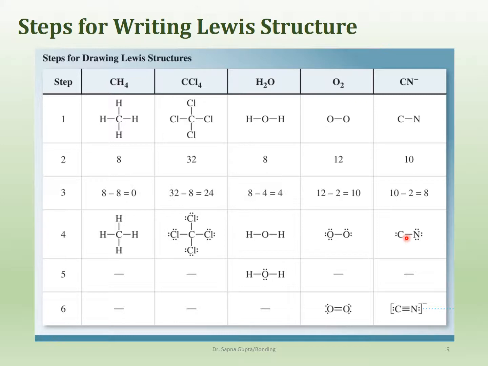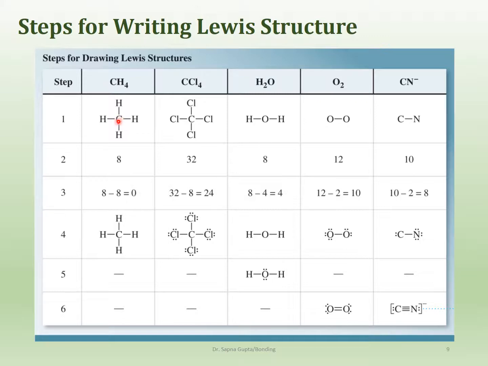So here are the steps, and you may want to keep this slide a little bit. This explains what we just talked about. Let's start with CH4, which is methane. The first step is to draw a skeletal structure, keeping carbon in the middle because carbon is the least electronegative element and hydrogen is not.